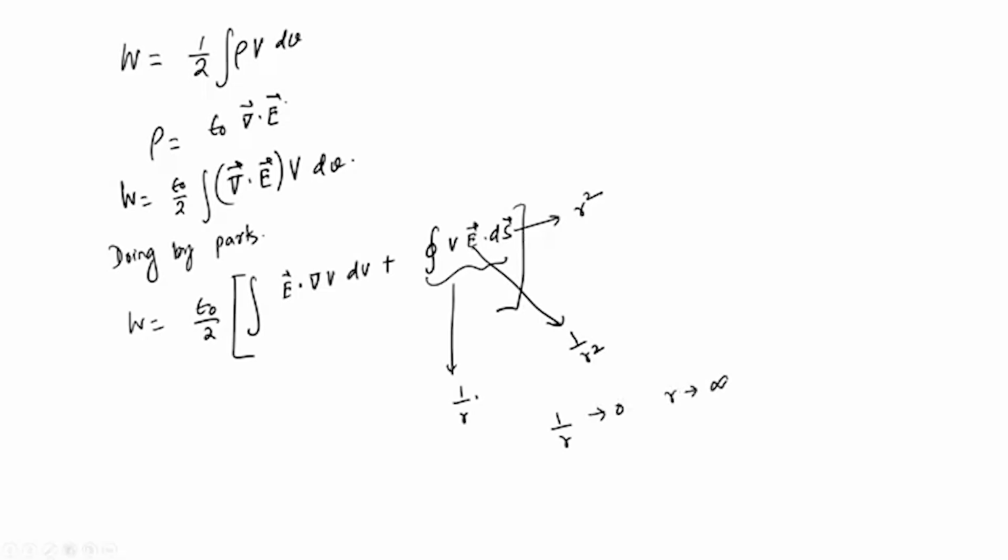Which means that even if the electrostatic potential energy expression involves a volume integral and a surface integral, we can make the surface integral go to 0 by taking that surface to be at infinite distance, and we are left with only the volume integral, which is epsilon 0 by 2 E squared dv. Okay. So, this E squared dv is the expression for the electrostatic potential energy.